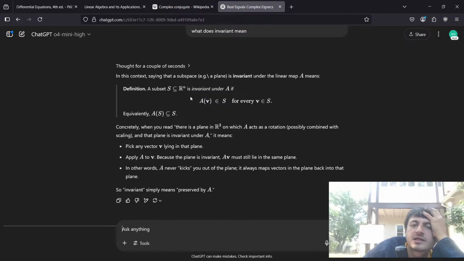But also, that's true of all subspaces. Wait. Is that true of all subspaces?